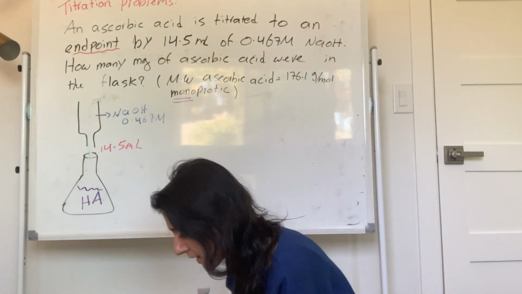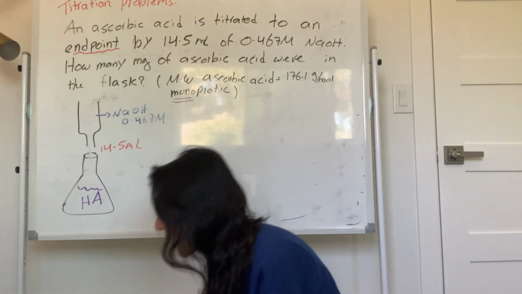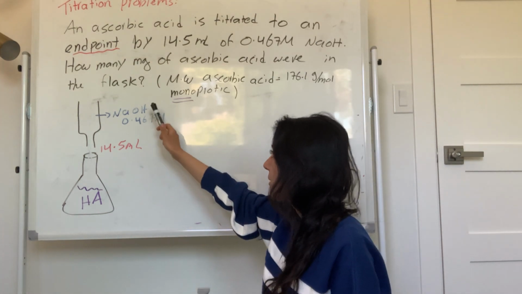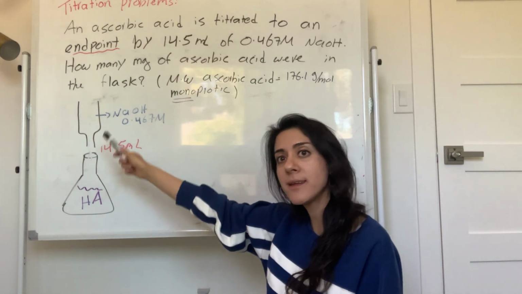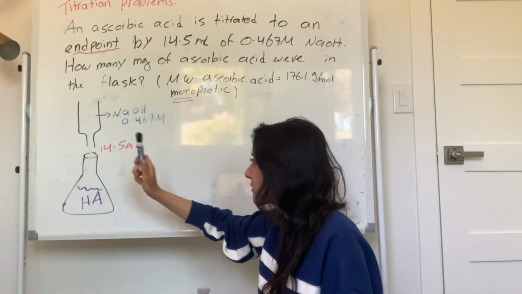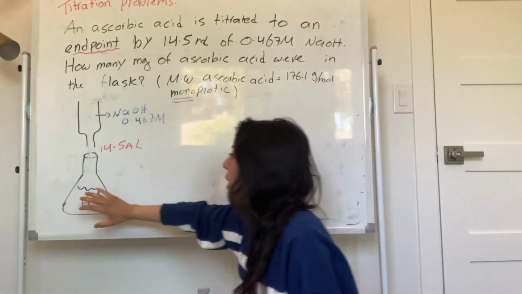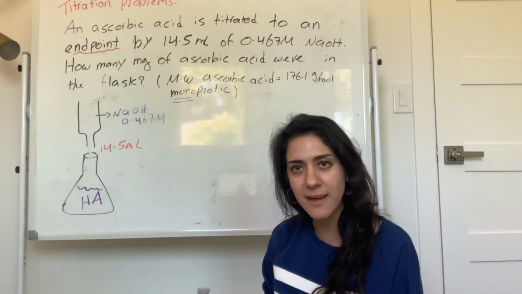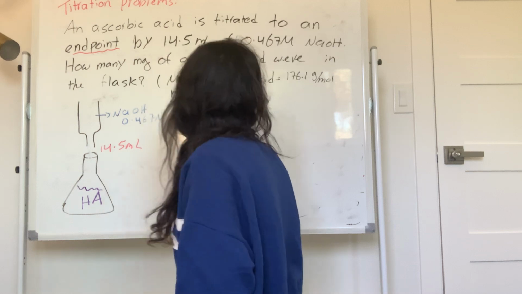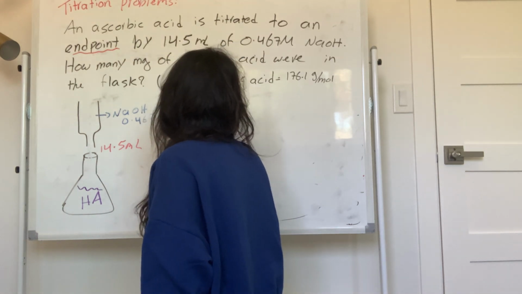Alright, so now the same as before. We've done this before. Here I have my sodium hydroxide. I keep adding, keep adding, keep adding. After I add 14.5, it's going to turn pink. Now I want to know how much of the acid I had in here. Remember, molarity is moles per liter. That's the first thing you should always do.